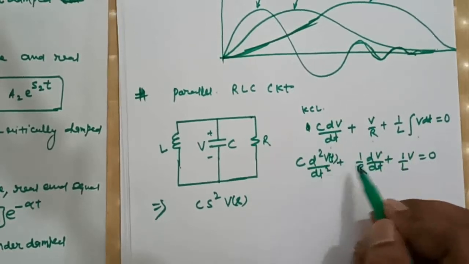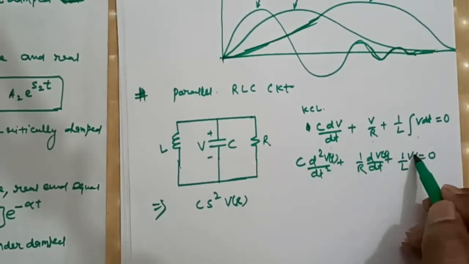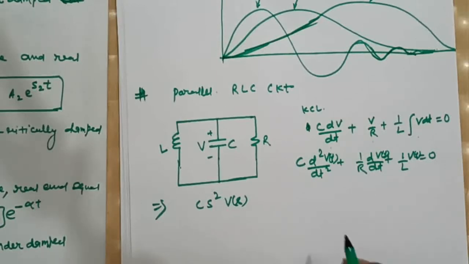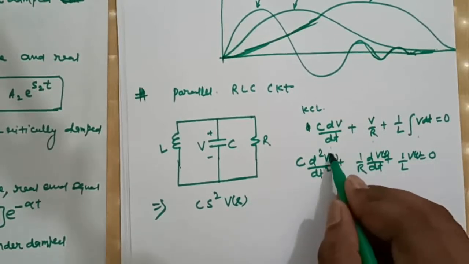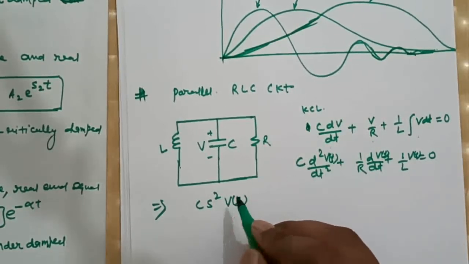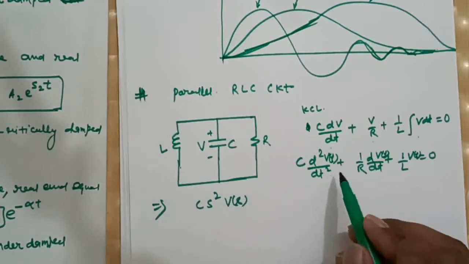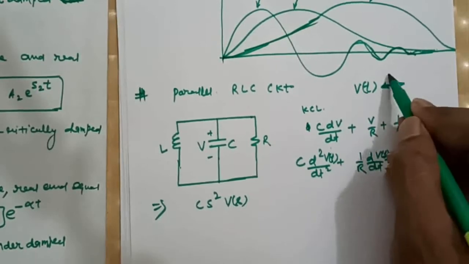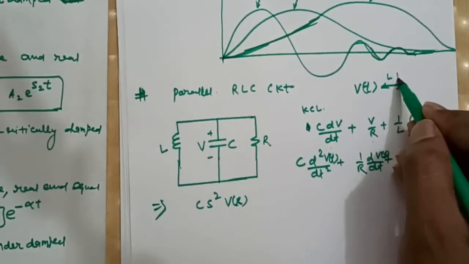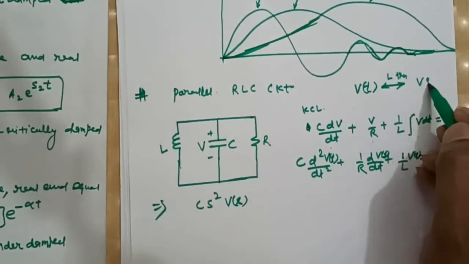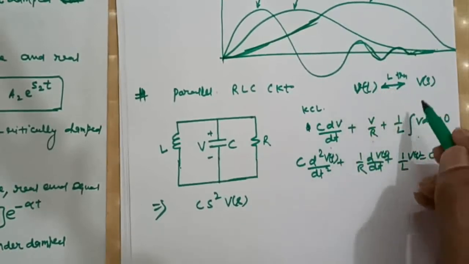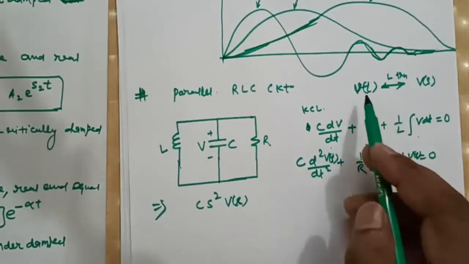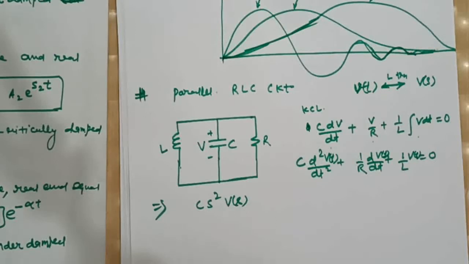I think it will be better to say v(t), because this function and this function are different. Mention it here. Taking Laplace transform, we have a transform as V(s), and this V and this V are different, meaning this function and this function are different.